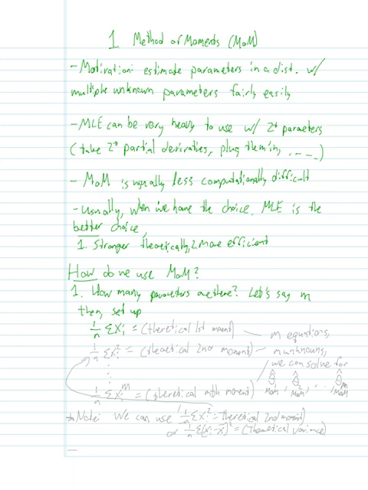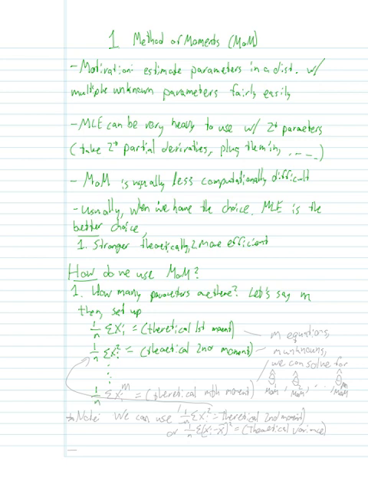Because then we have 1 over n times sum of xi is equal to the theoretical first moment. Then 1 over n sum of xi squared is equal to the theoretical second moment.